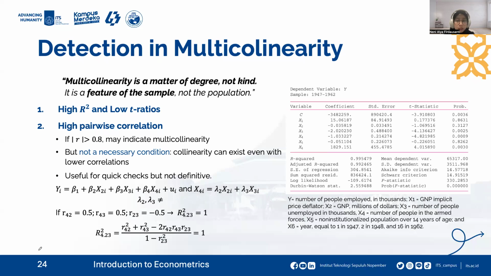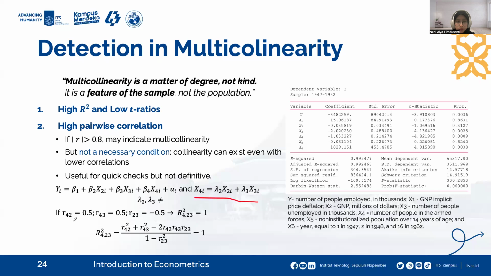If the correlation coefficient of x4 and x2 equals 0.5, x4 and x3 equals 0.5, x2 and x3 is minus 0.5, then the R square of this regression is equal to 1.